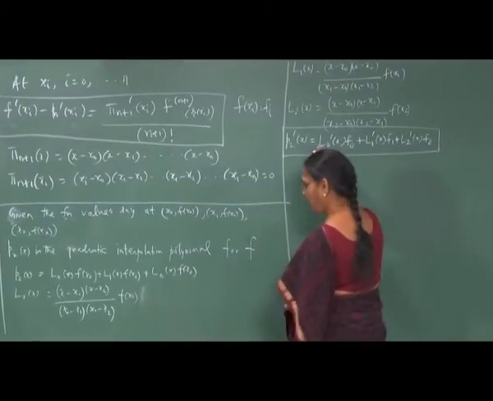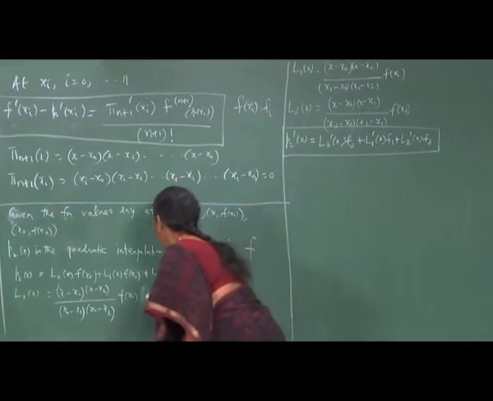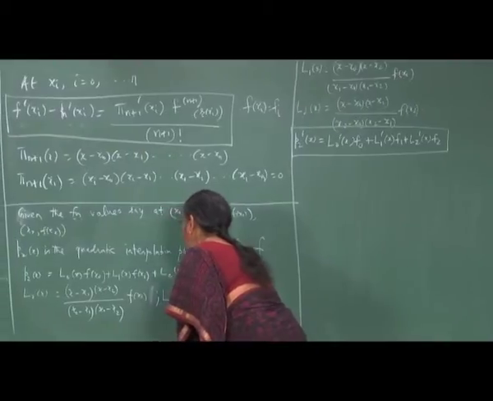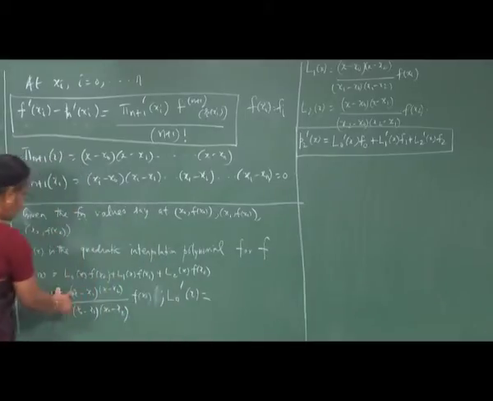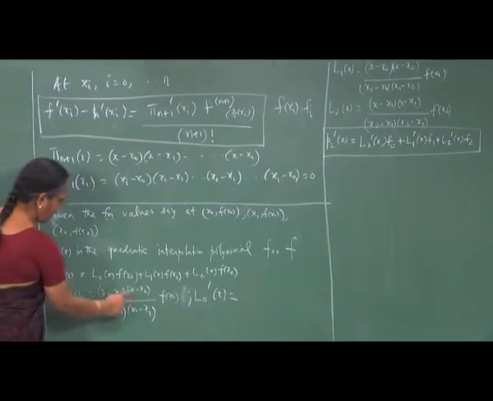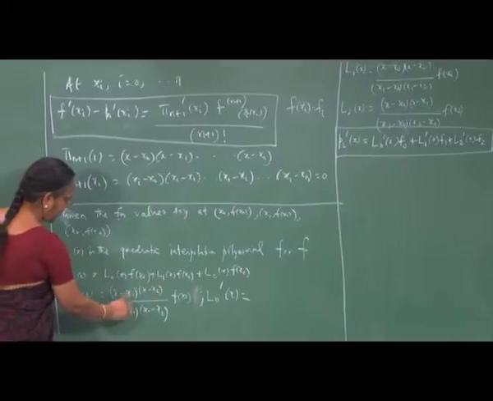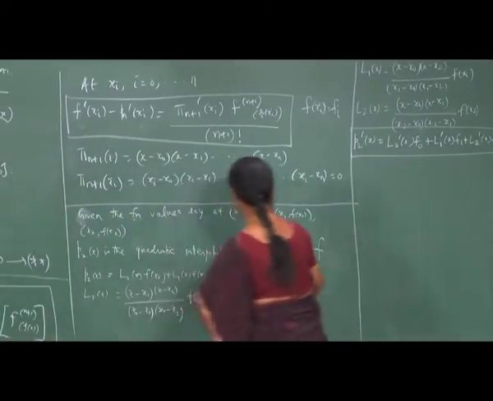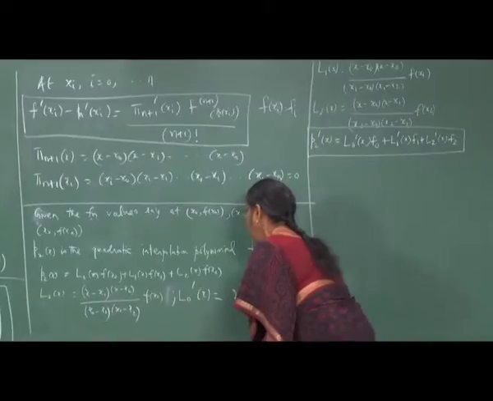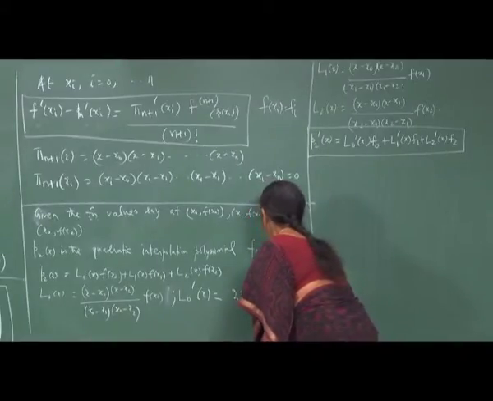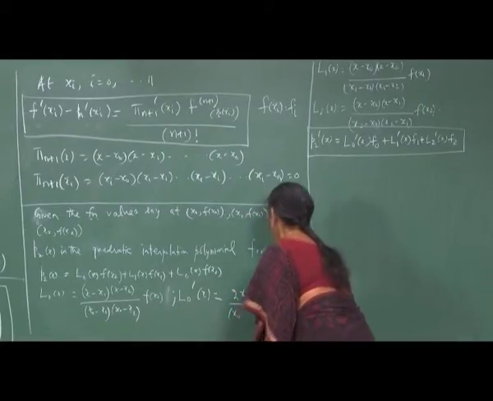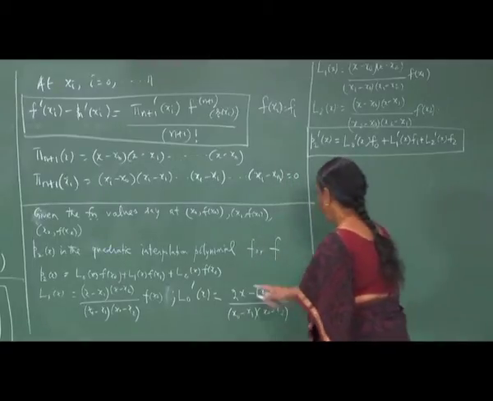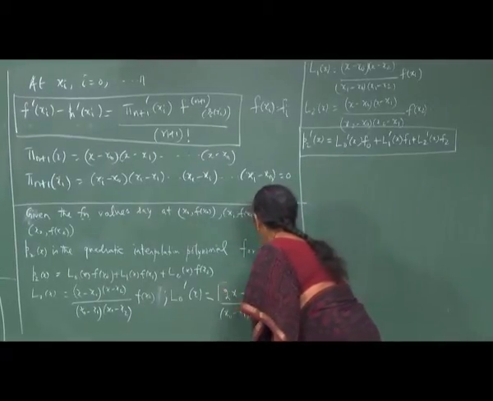So, let us work out the details for L0 of x. So, what is L0 dashed of x? It is going to be, so I have x square minus x into x1 plus x2 plus x1 x2. So, when I take the differentiation, then 2x minus x1 plus x2 divided by x0 minus x1 into x0 minus x2 and multiplied by f0.